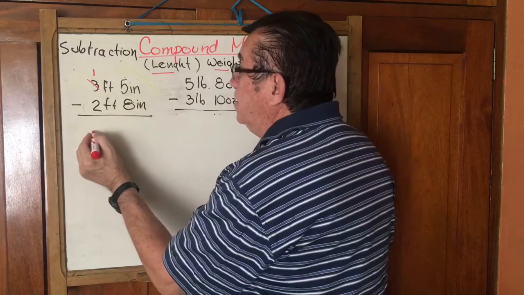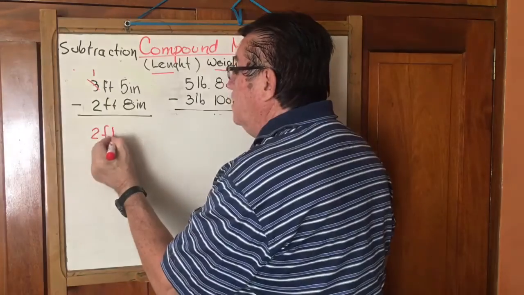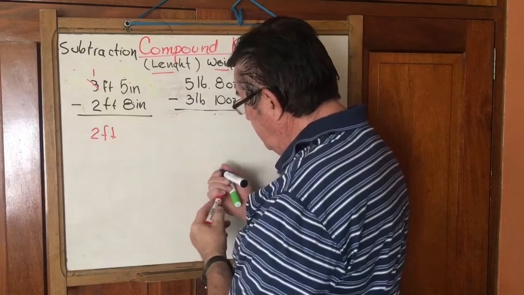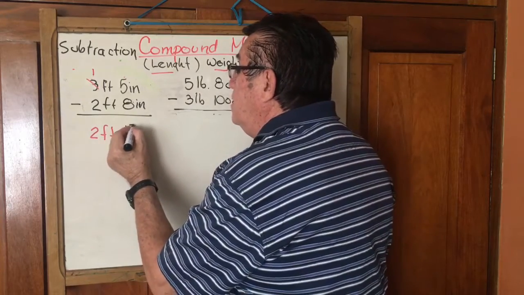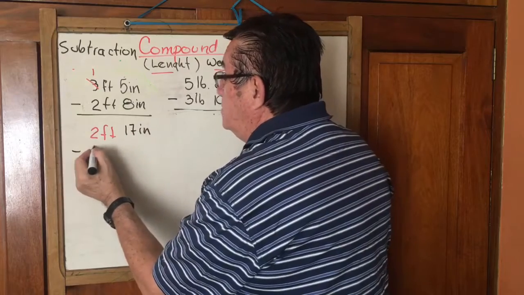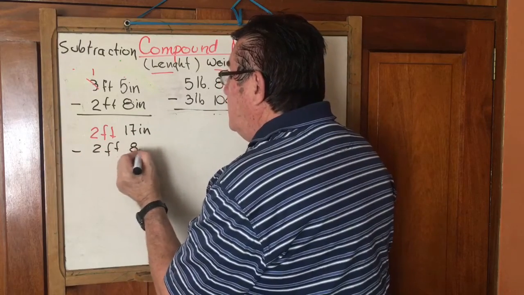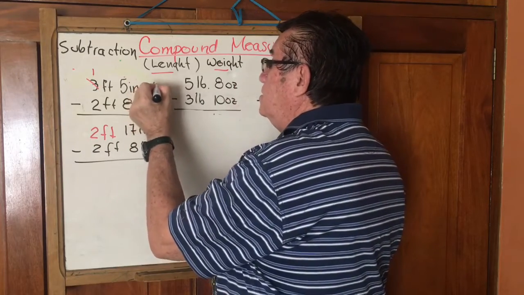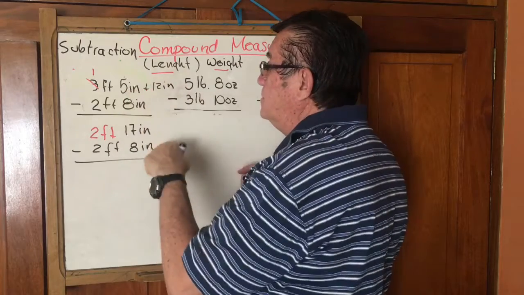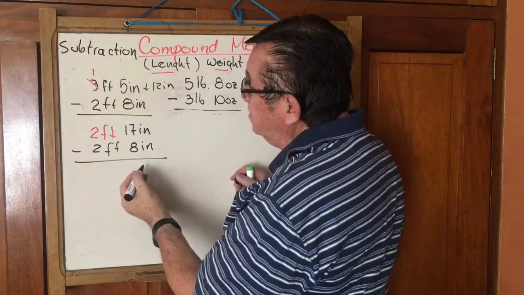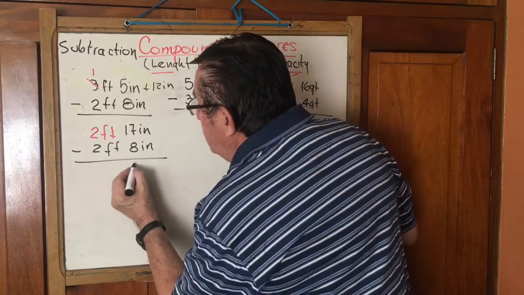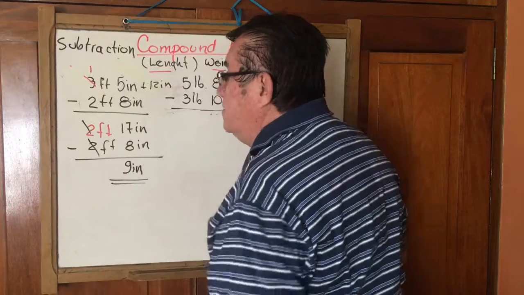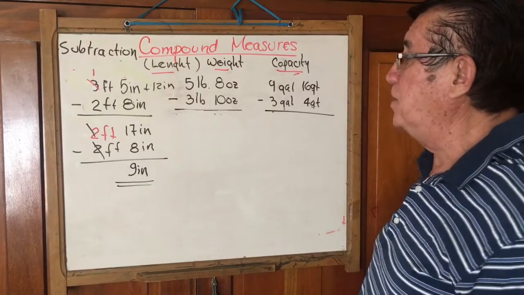That makes me change this into 2 feet, and 1 foot has 12 inches plus 5, it will be 17 inches, and it's 2 feet, and now I can subtract from 8 inches, right? So that means that this is 12 inches more. 5 plus 12 is 17. Now, 17 minus 8 is 9 inches, and 2 minus 2 is 0. So, the final answer of this subtraction is 9 inches.